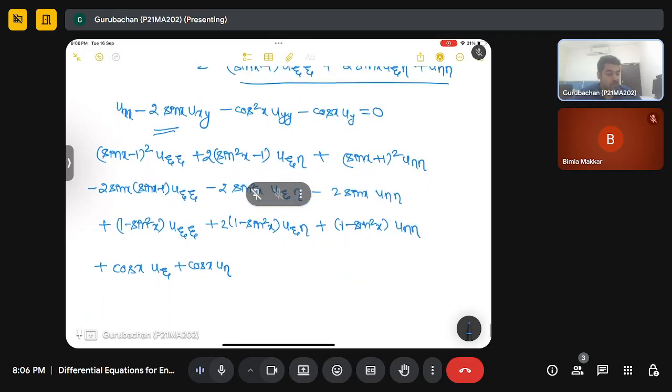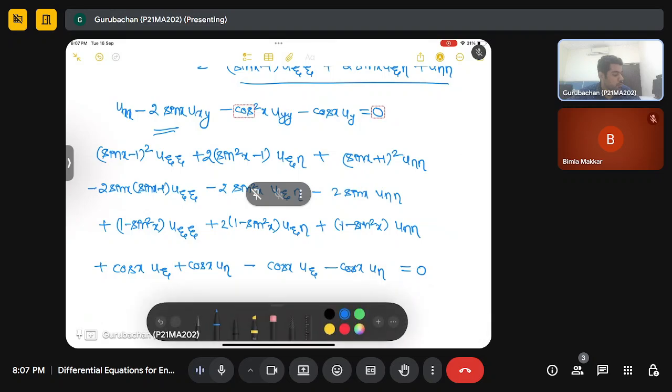The last term is minus cos x into u y, and u y was u xi plus u eta. So this will be cos x u xi minus cos x u eta. This is 0, and now you will try to cancel out. So these expressions will cancel out directly.